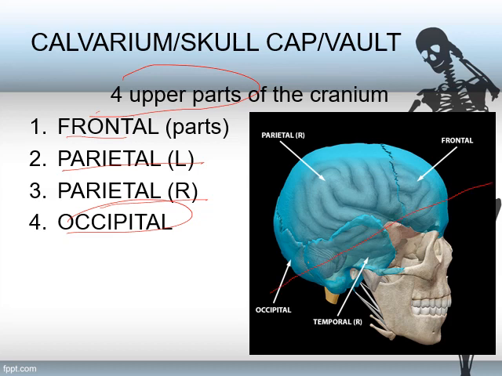So, definitely, there are parts of the frontal bone that belong to the base of the skull, as well as parts of the occipital bone that belong to the base of the skull also. So basically, the 4 upper parts of the cranium are the frontal bone, majority of its parts, also majority of the parts of the occipital bone, as well as the left and right parietal bones.